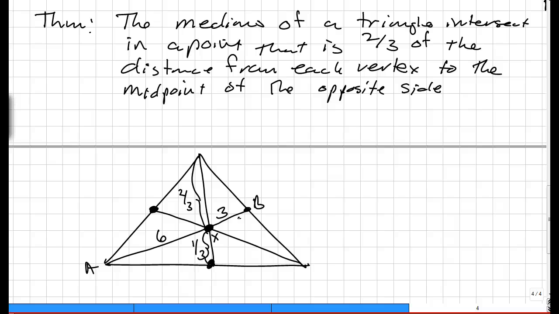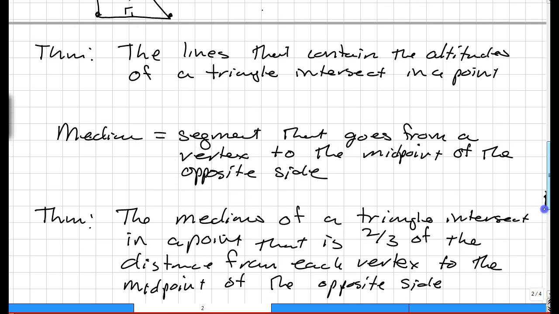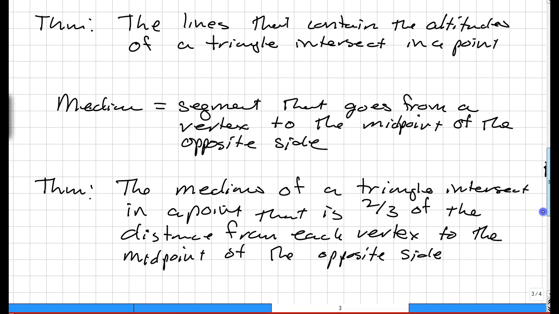Okay? So again, from the vertex to the point of intersection is 2/3 of the distance, and from the point of intersection to the midpoint is 1/3 of the distance. Okay? And so in class, we will do some of these constructions and see what happens with these. Okay?